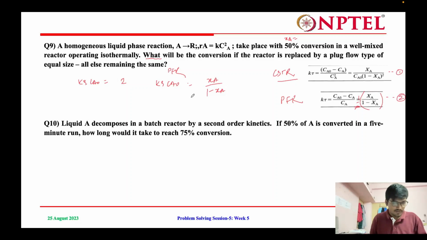Right. So here K tau C naught equal to 2, so XA equal to 66.7%. So 66.7% conversion is required using the PFR.